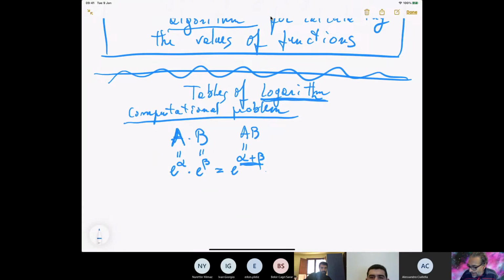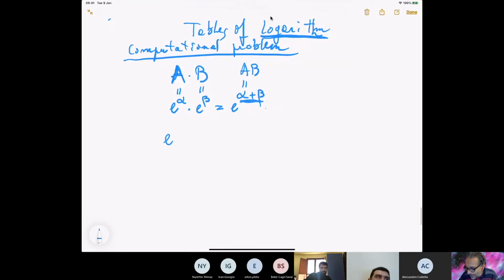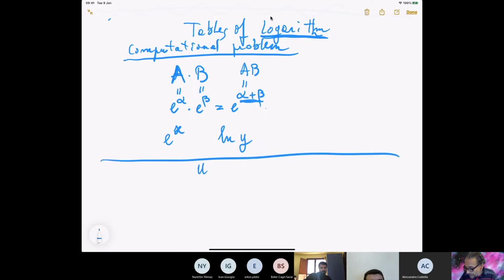Okay. Now the question is, how do you calculate e to the power x? Or how do you calculate the logarithm of a number y? The answer is use the Taylor expansion.